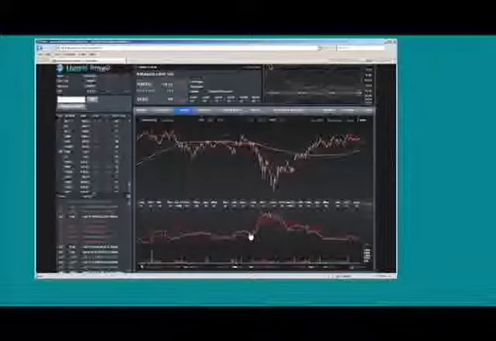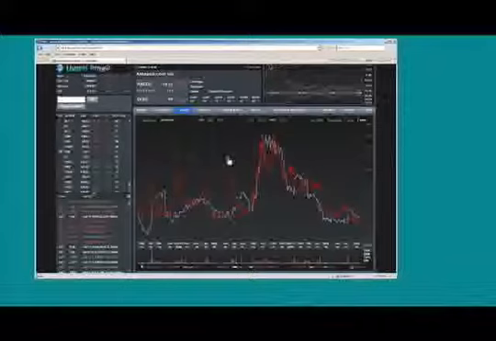Now this blue line right here is calculated using the past 30 days to tell you what the average is. As you can see, this red line goes up and down in a predictable manner. Let me increase it. And you'll see it right here.